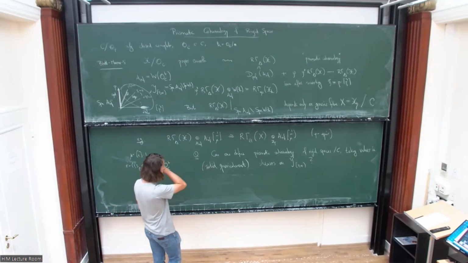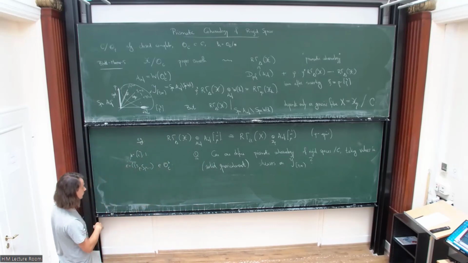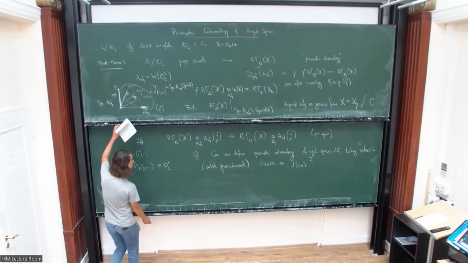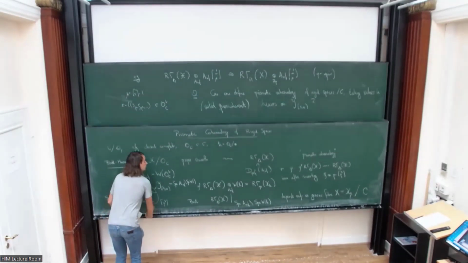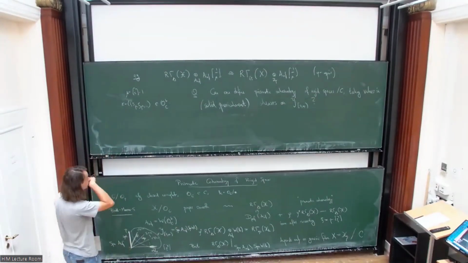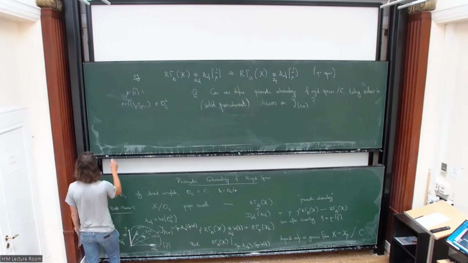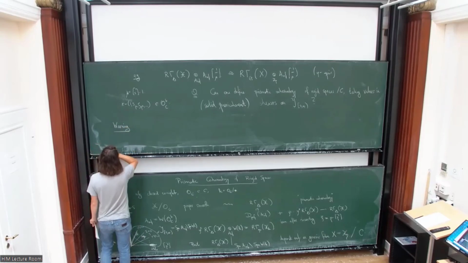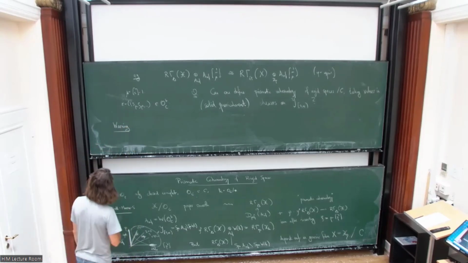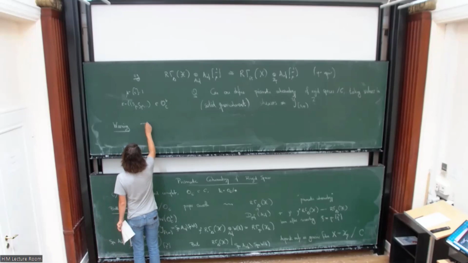Okay, so here's the kind of question I want to say a few words about in this talk. But there is an important warning I have to make before we get started. So the best possible scenario can work.